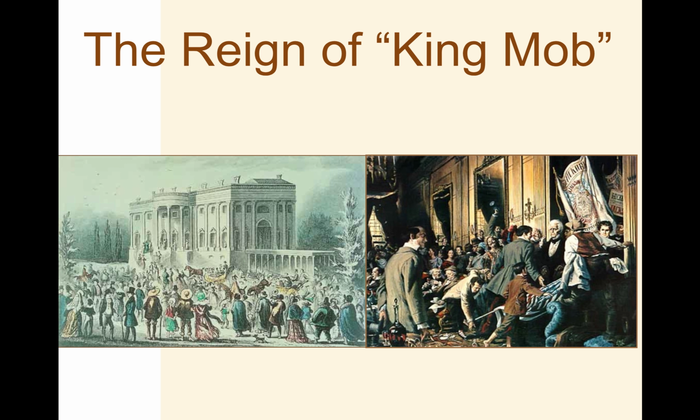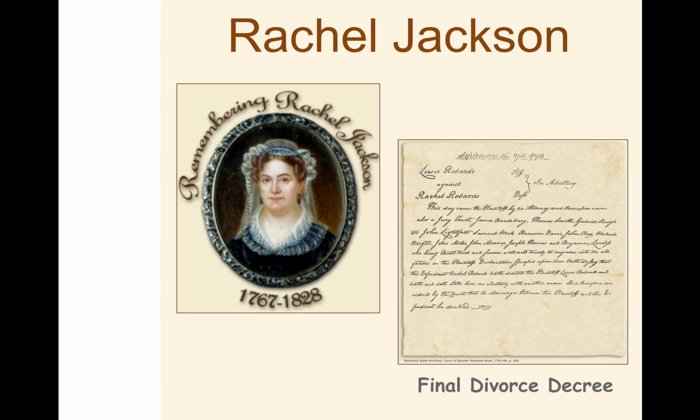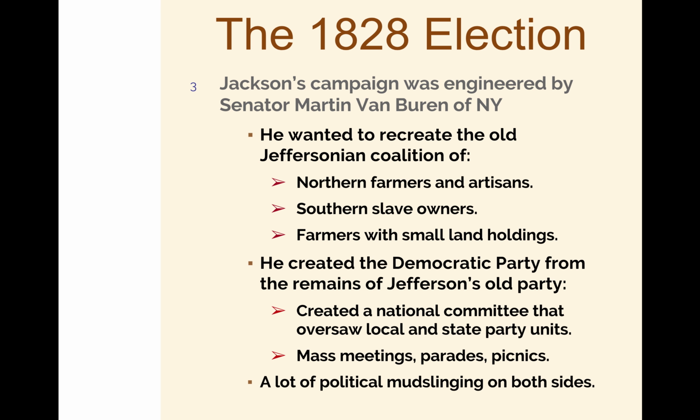King Mob, right? Sort of a play on the idea that his critics thought he was too powerful, hence calling him king, and the idea that the mob, the unruly populace, right? The yokels, as it were, were going to descend on Washington D.C. and create chaos.